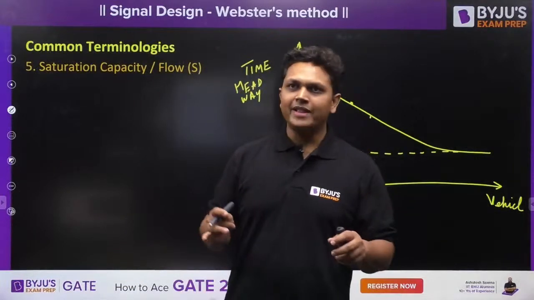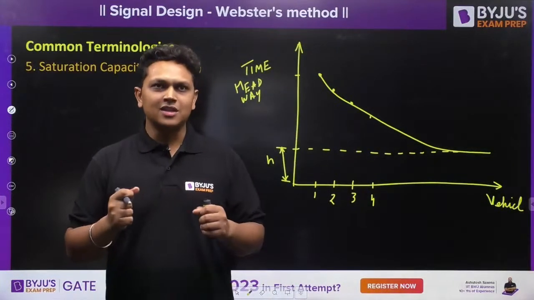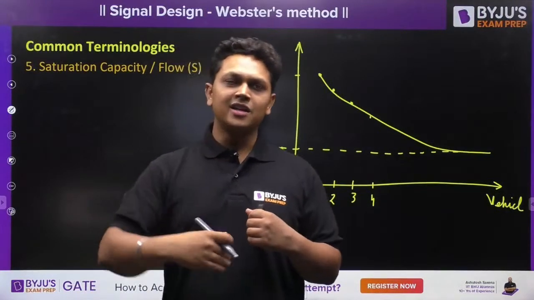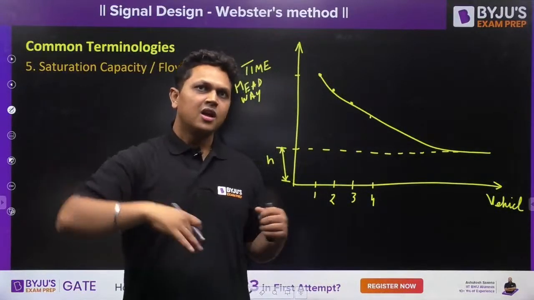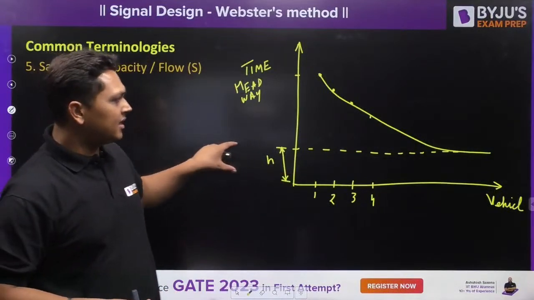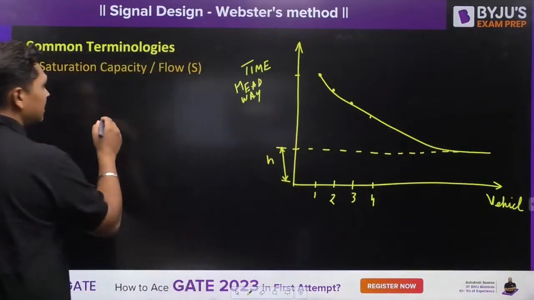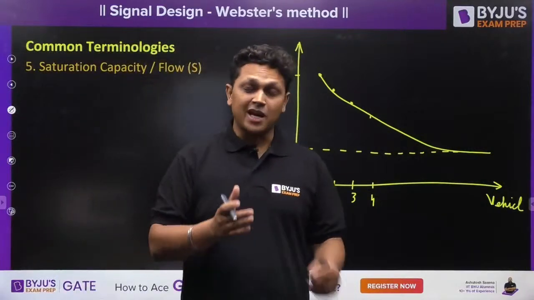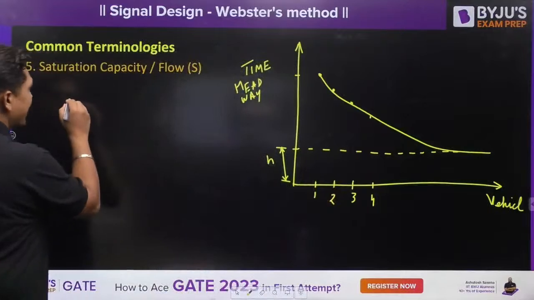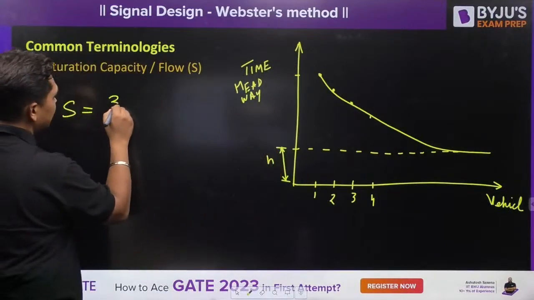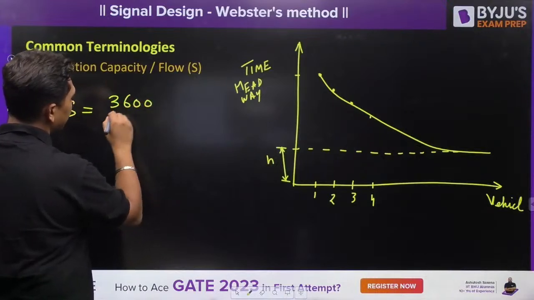That means when all the vehicles are moving freely at the same speed after the green light has been seen, there is still a small constant time headway. So at that intersection the maximum flow, the saturation flow, will be equal to 3600 divided by h.